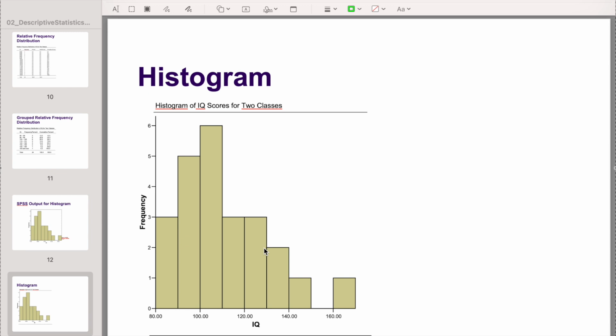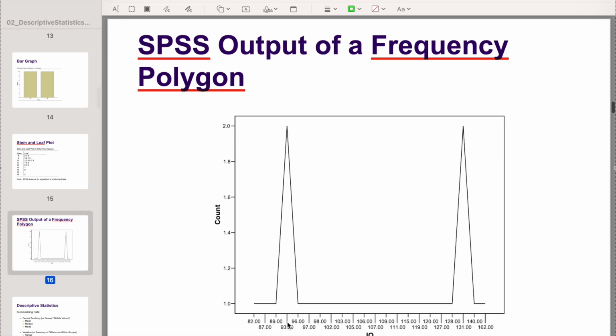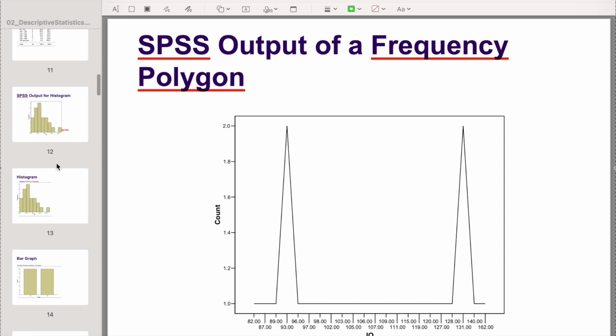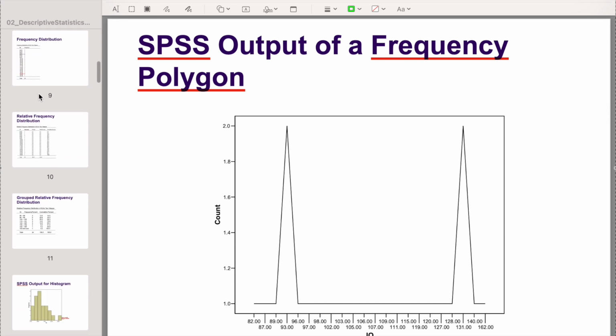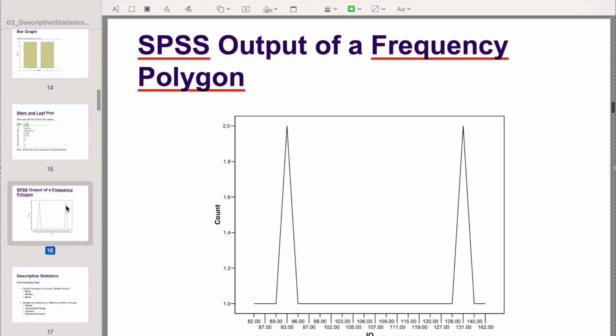That is, particular IQs happened twice in our data, and that's why you have this spike here. Most of them happened one time, but there were two IQs that happened two times, and that's where you see the two spikes over here. If we go back to our data, it's 93 two times, 131 two times. So that is what we are seeing here in these spikes.